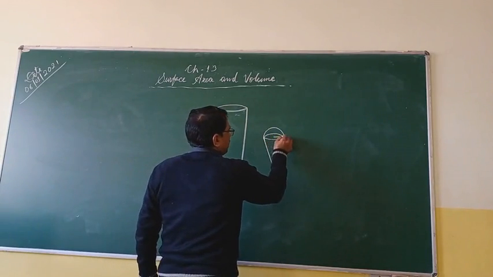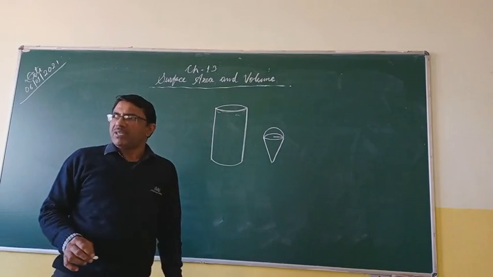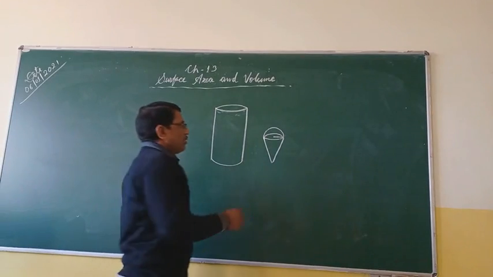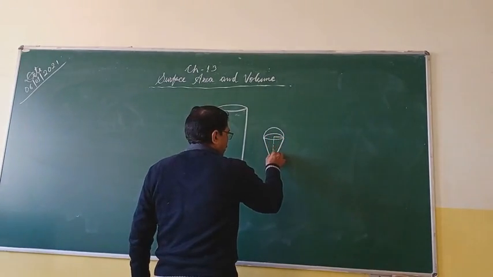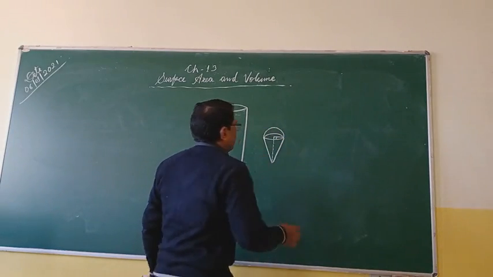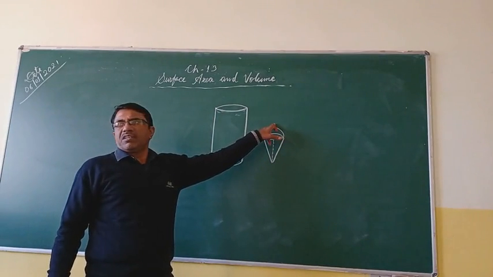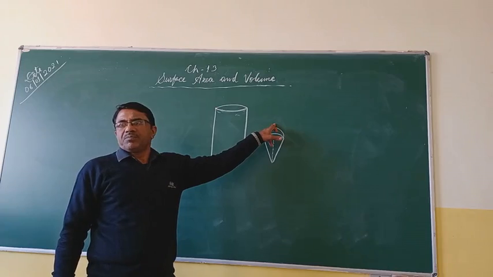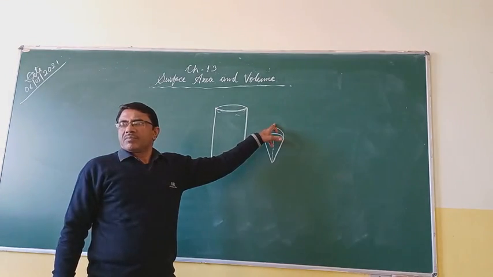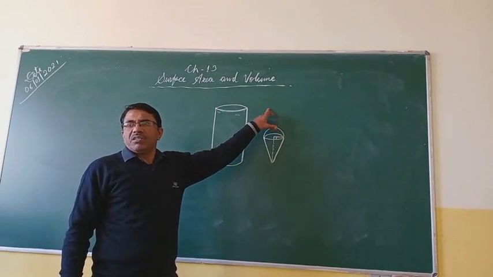Now this cone is mounted by hemisphere. The radius of cone and radius of hemisphere both are equal.